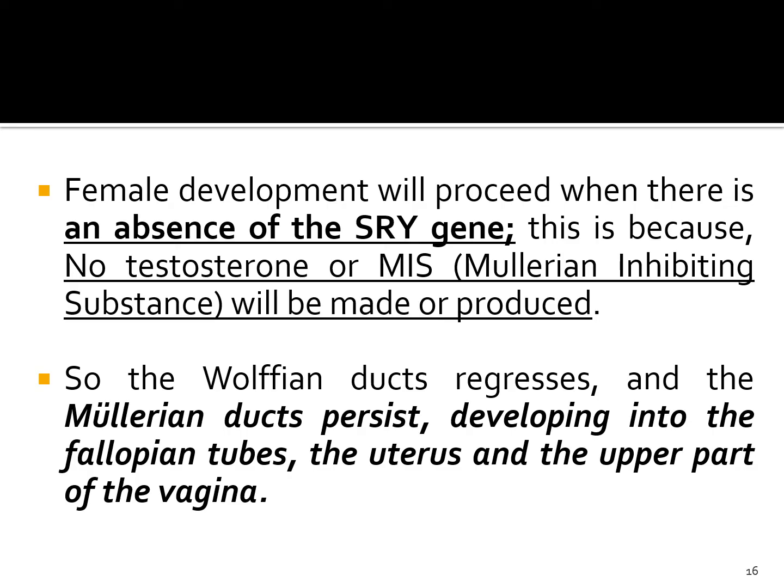So female development will proceed in the absence of the SRY gene. This is because of no production of testosterone or the Mullerian inhibiting substance. The Wolffian duct in this case will regress while the Mullerian duct will continue developing into the fallopian tube, the uterus, and the upper part of the vagina.